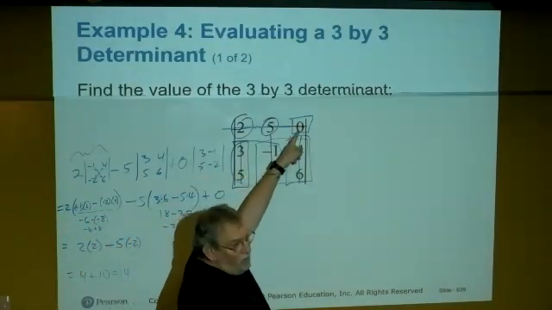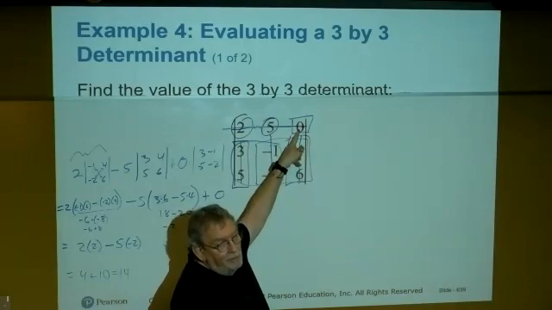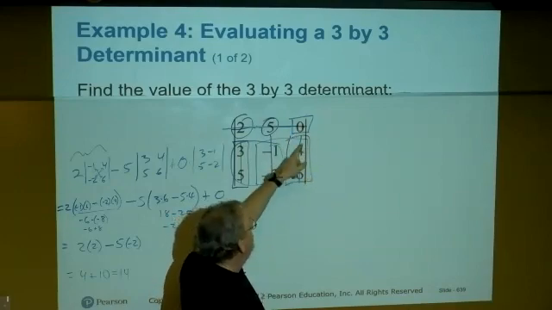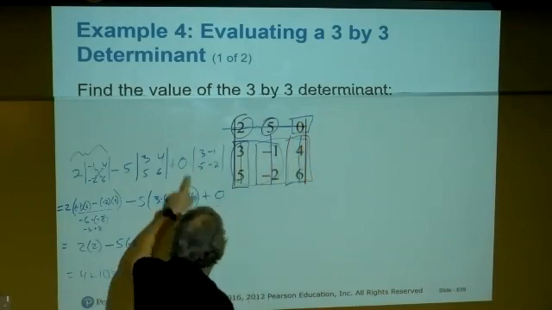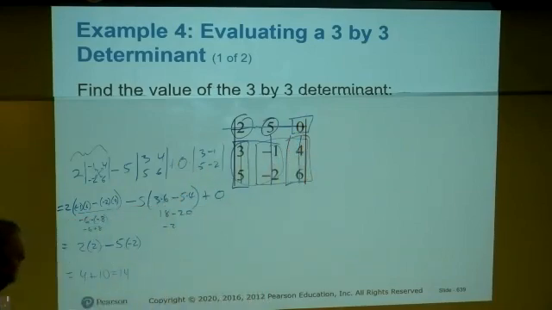Realizing that you don't always have a 0 here. This could have been a -8. So that would change our determinant.